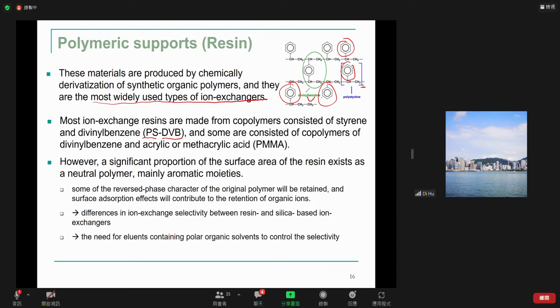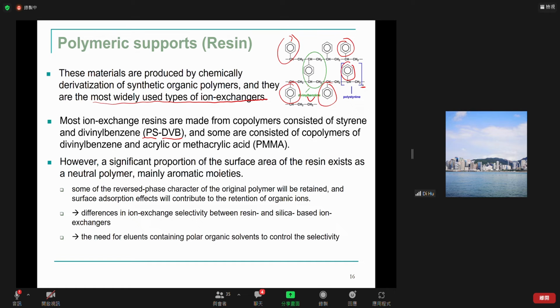And then if you are separating some organic ions, surface adsorption may contribute. They may have not only electrostatic interaction, but also a secondary interaction, which is the hydrophobic interaction between those organic ions and the stationary phase.